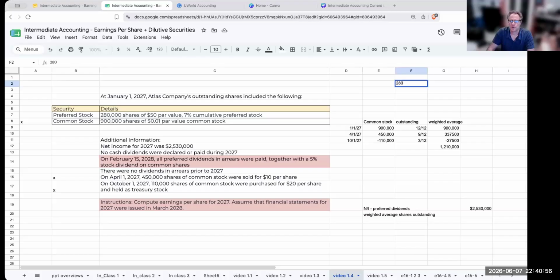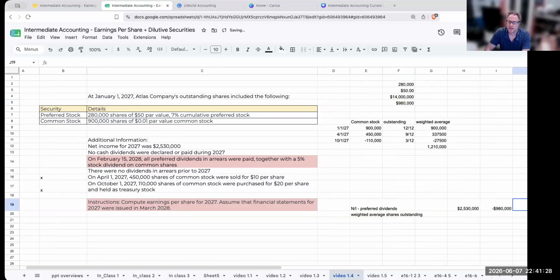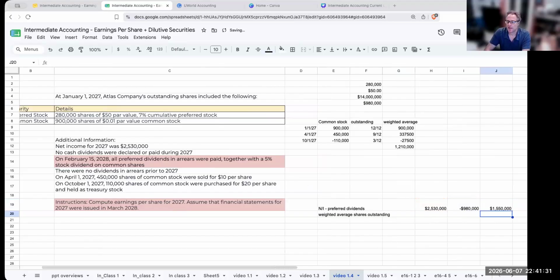So here, this is 280,000 shares at $50 par value at 7%, which is a value of $14 million, at 7%. Notice, really importantly, it's not saying it's convertible preferred stock. If it was, we would have to make another determination. So our net income minus preferred dividends is 1,550,000.